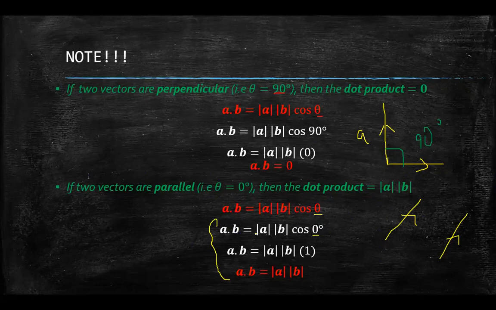A dot B is equal to the magnitude of A times the magnitude of B cos of 0 degrees. From trigs again, we know that cos of 0 is 1. So A dot B is equal to the magnitude of A times the magnitude of B multiplied by 1. And that's why we say that when two vectors are parallel to each other, the dot product is just the product of the two magnitudes.